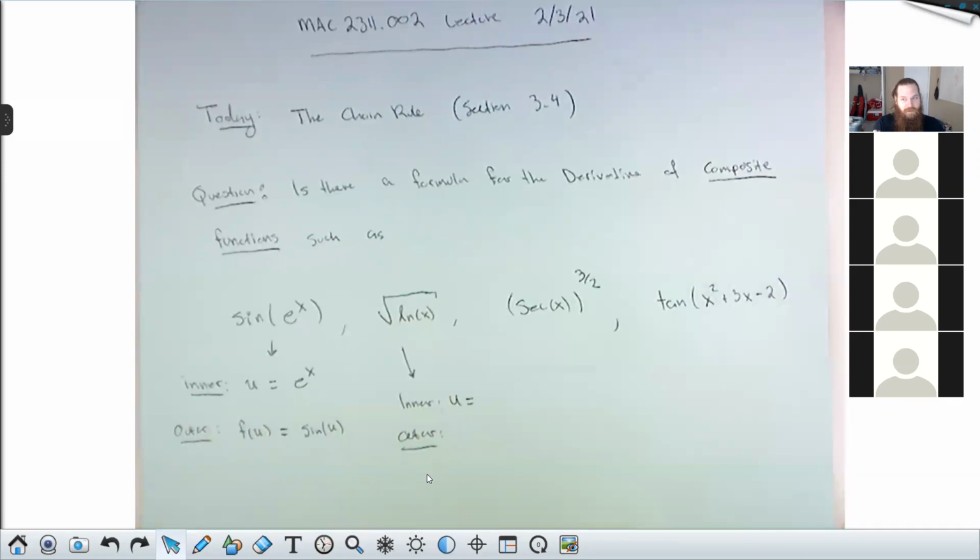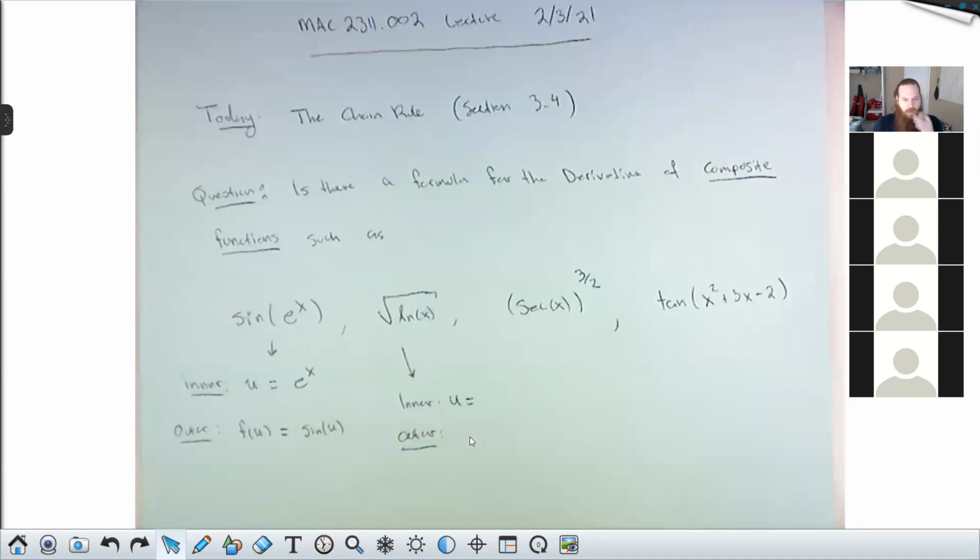So this is one of the funny things, that you can keep diving in layer after layer. And if you penetrate all the way in here, x is the innermost layer. That's true here too, right? We could have considered this 3 layers: sine and then e to the and then x. But I'm thinking of this as the inner and the square root as being the outer.